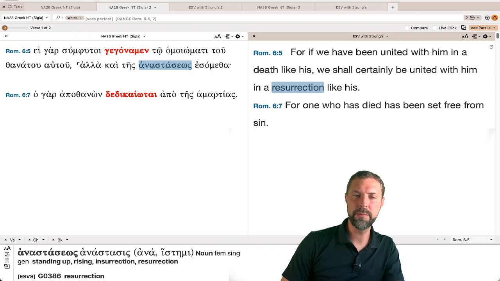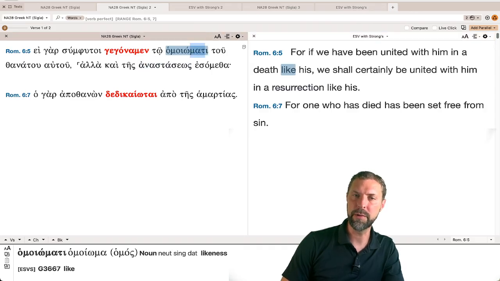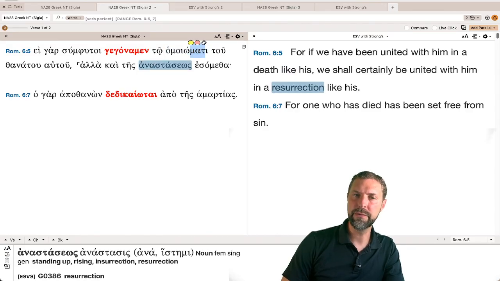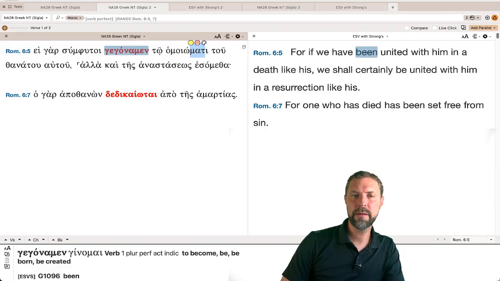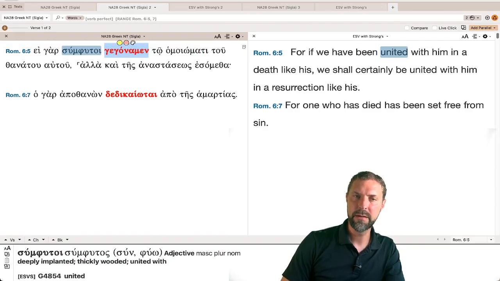What Paul's done, because this is a genitive, is he's implied or assumed the similarity of his resurrection. Okay, the significance of this perfect right here, if we have been united.